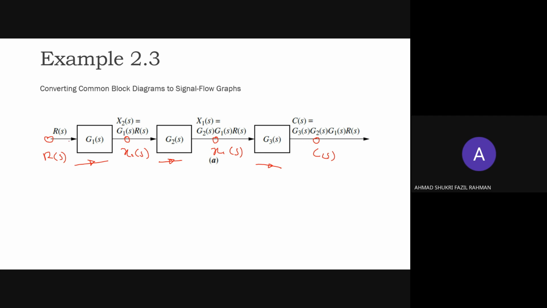So in the end, if we combine, this should be one node going to G1S.